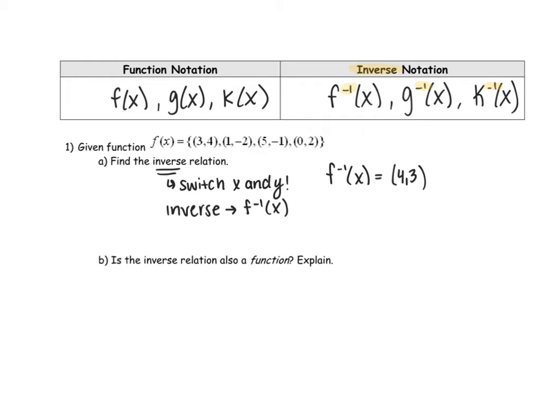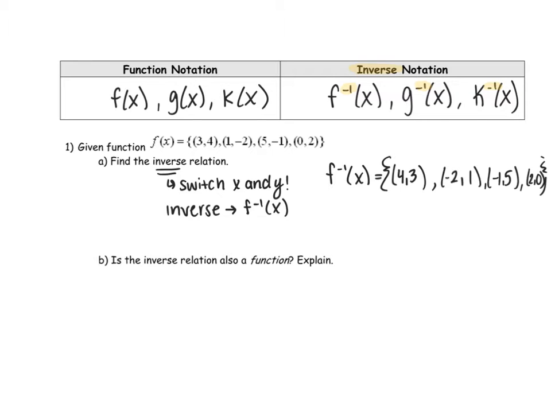If this point is 1, negative 2, then that next point becomes negative 2, 1. 5, negative 1 becomes negative 1, 5. And the last point becomes 2, 0. And we can just go ahead and put those little set brackets there. That just means the set of all points. And that's my inverse. So the second question is saying, is the inverse relation also a function?